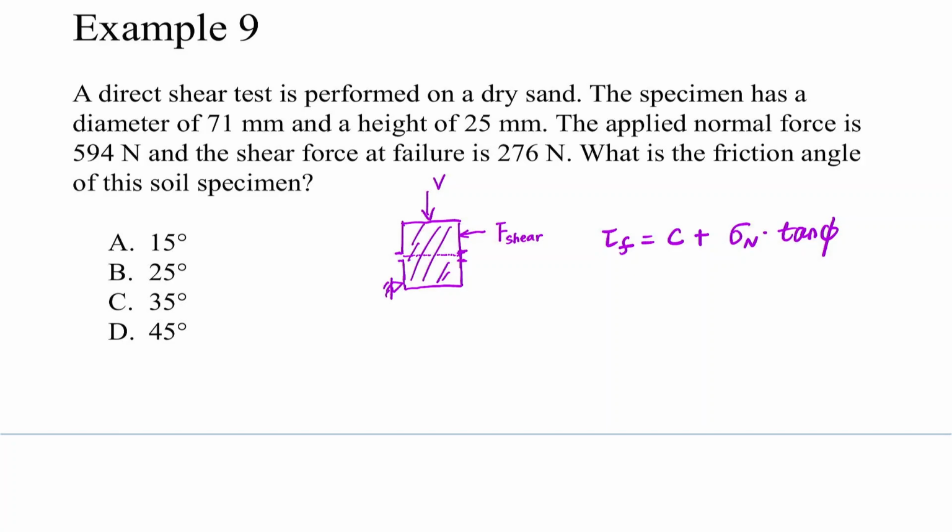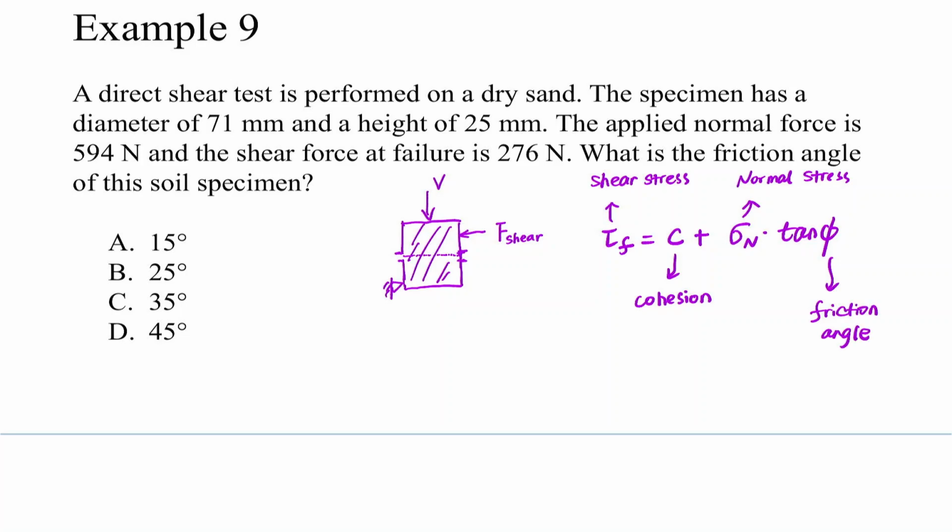This is the shear stress at failure, shear stress. This is the cohesion of the soil. And this is the normal stress. And of course, the friction angle is what we want to solve for in this problem.